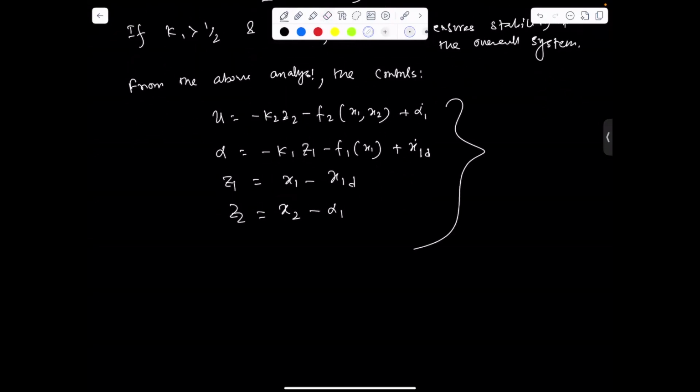So this is our control for the system we are designing.